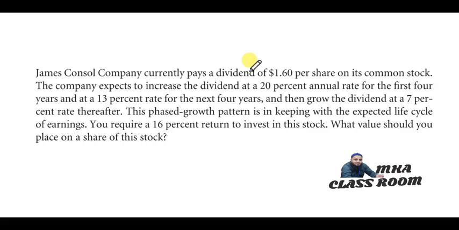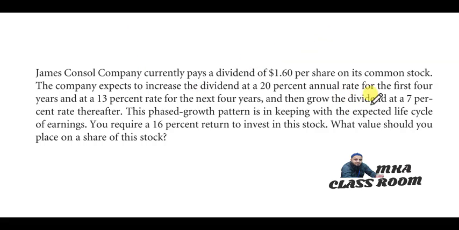This phased growth pattern is in keeping with the expected life cycle of earnings. You require a 16% return to invest in this stock. What value should you place on one share of this stock?